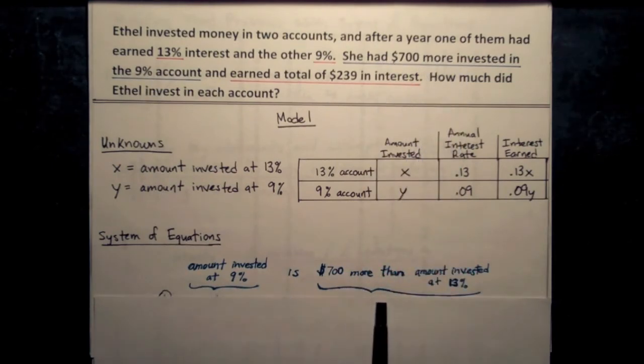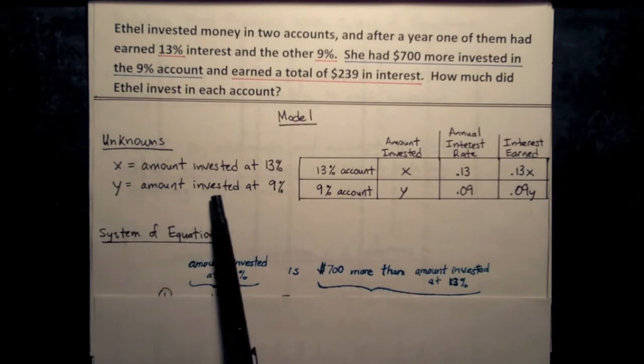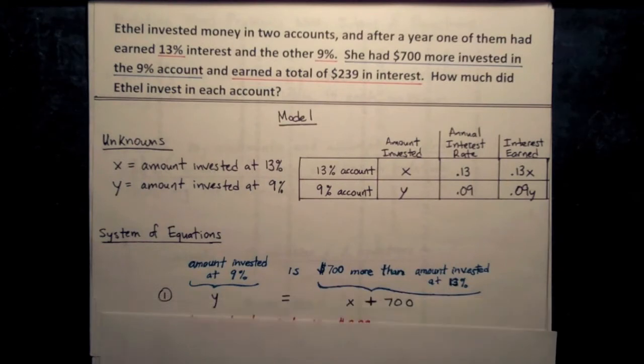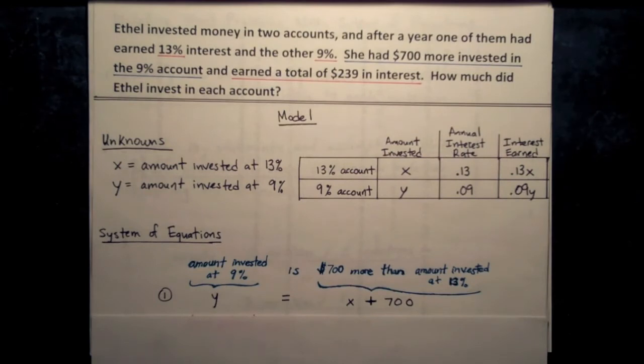Writing it this way, it's easy to translate into an equation. The amount invested at 9% is just Y. The amount invested at 13% is just X. So this is saying Y is 700 more than X. Y equals X plus 700. That's the first of our two equations.